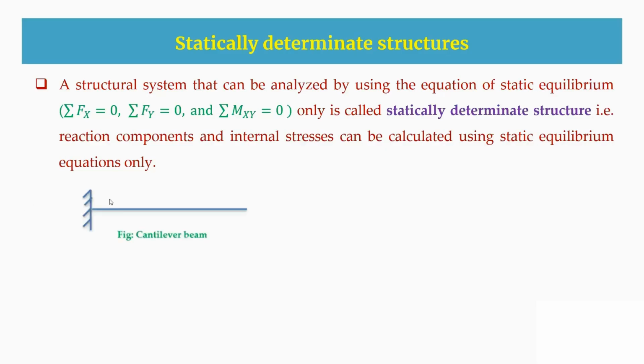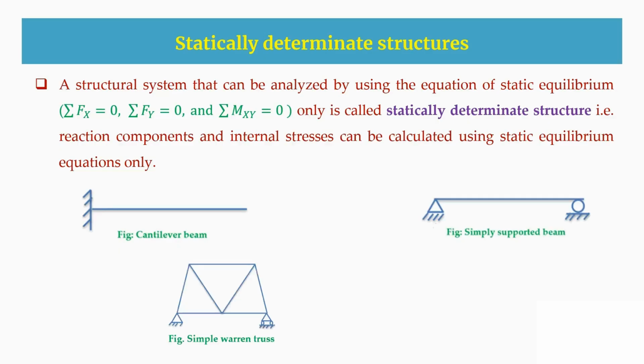Here you can see some examples like a cantilever beam, a simply supported beam, a simple Warren truss, and a cantilever bent frame. Whatever reactions or unknowns you get can be solved using the static equilibrium conditions. So these are statically determinate structures.